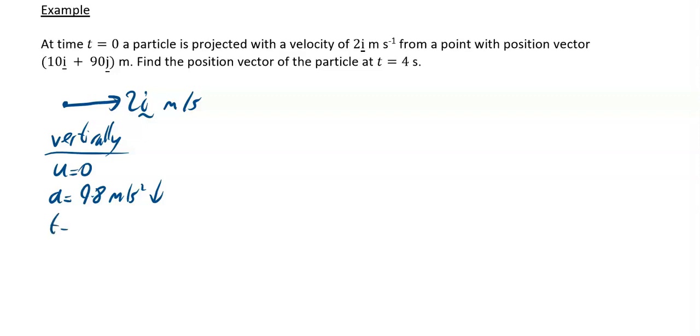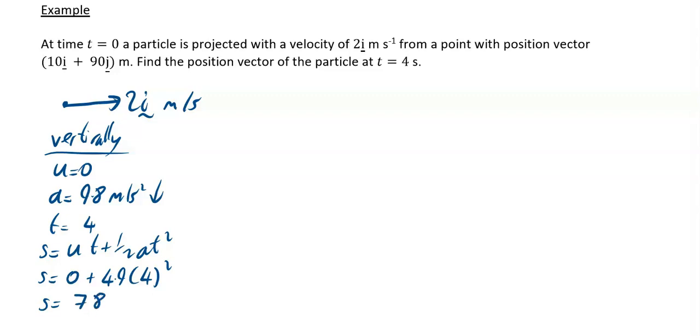Your t is 4, because it was after 4 seconds, and s is what we're going to try and find, so s is equal to ut plus a half at squared. So in this case, there's another way I could do this, I will show you in a wee second. This is equal to just 0 plus 4.9 times 4 squared, which works out to be 78.4 meters downwards.